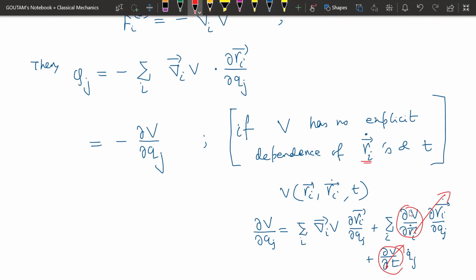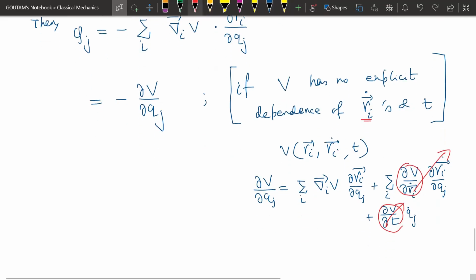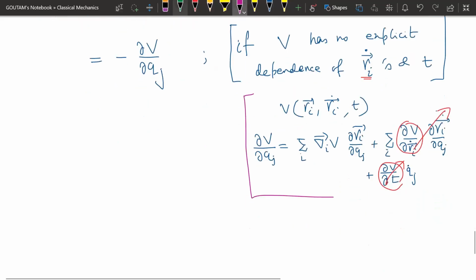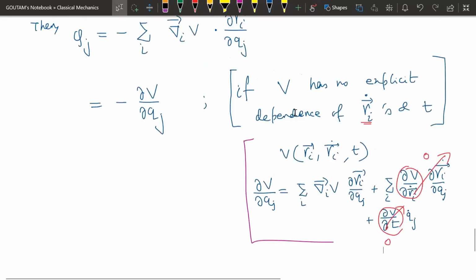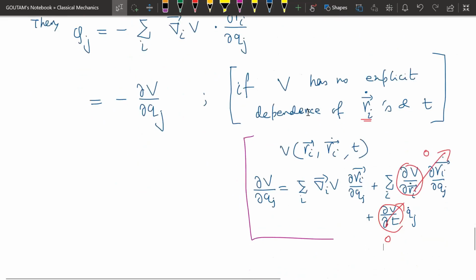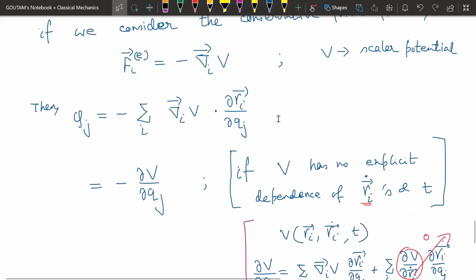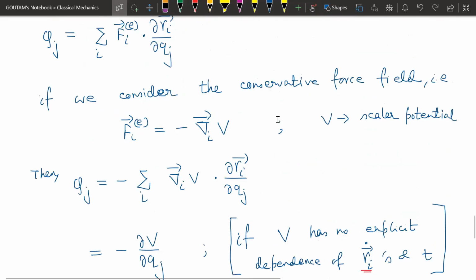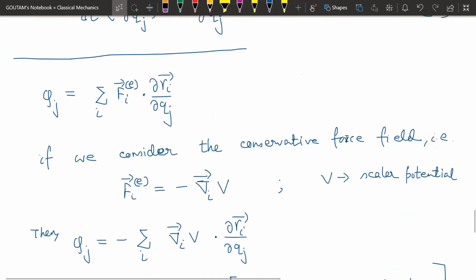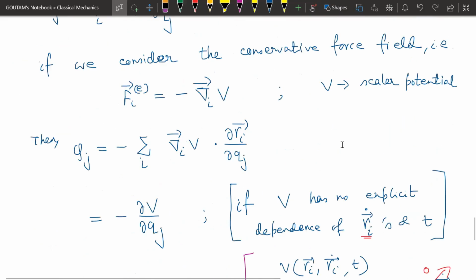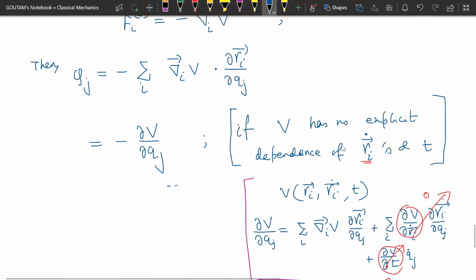These dependencies are not there, 0 and 0. So in that case, what was the equation? This was equation 13. Let's call this equation 14.